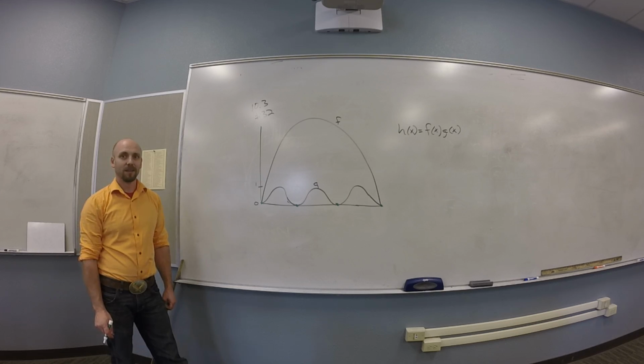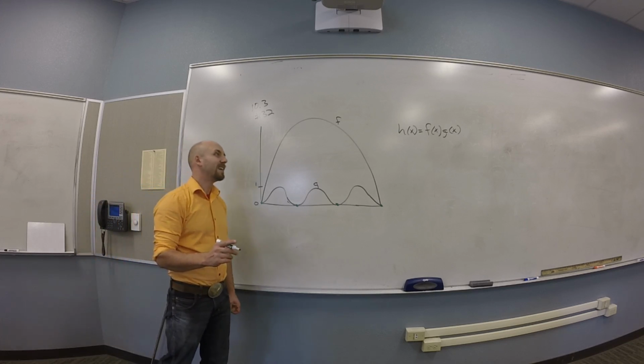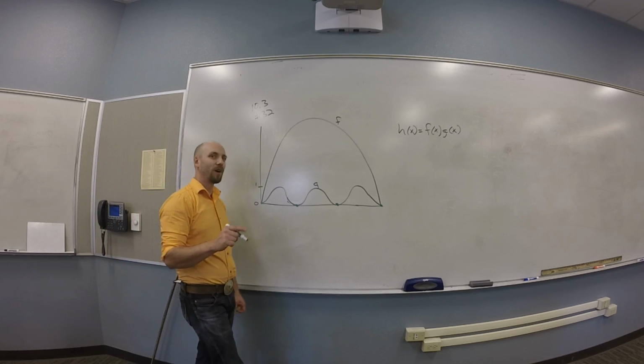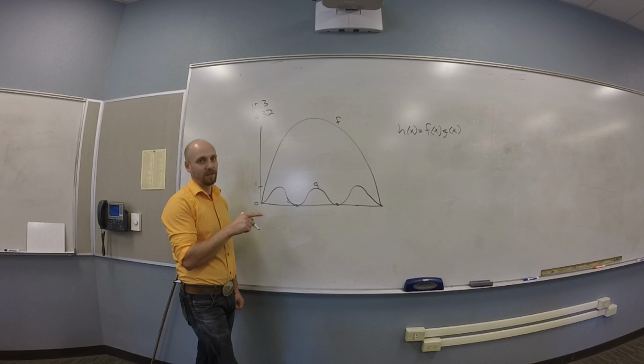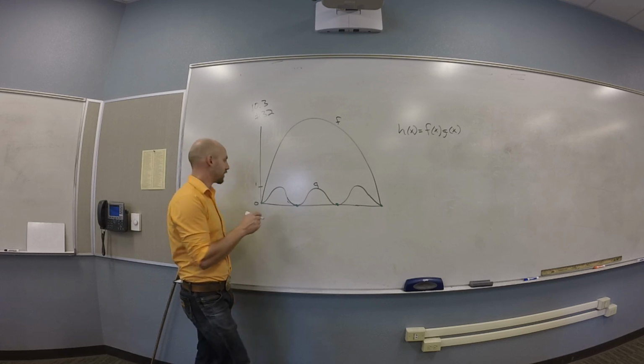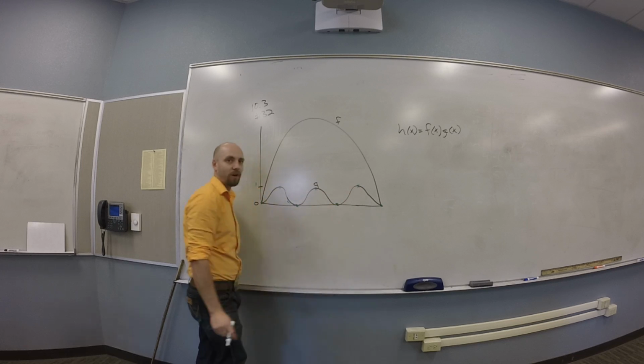Okay. Now, when you're multiplying, if you multiply by 1, what happens? You get the same thing you had. Is g ever 1? Yes, it is. Yeah, there's some times, like here and here and here, where g is 1, right? Yes.